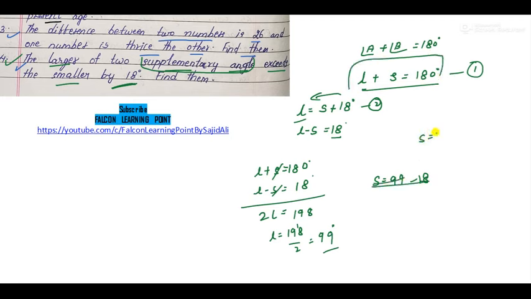Yes, so S is 180 minus L. L is 99, so this will give you 81. So these are the two angles. The smaller angle is 81 degrees and the larger is 99 degrees.